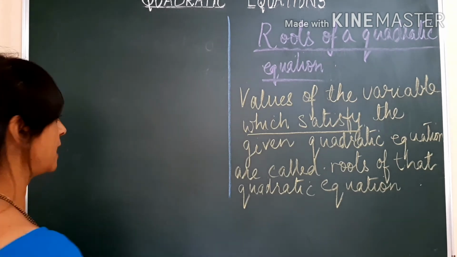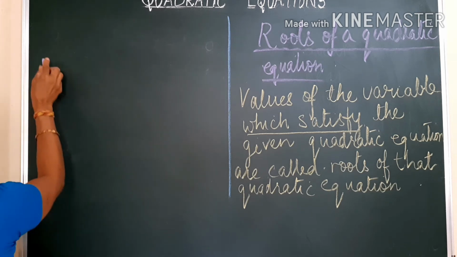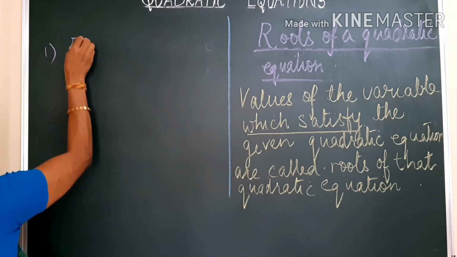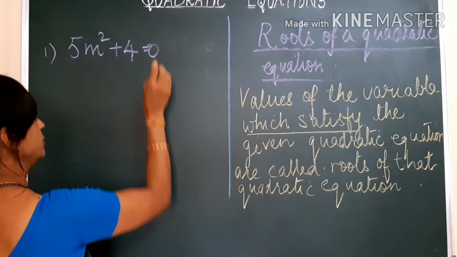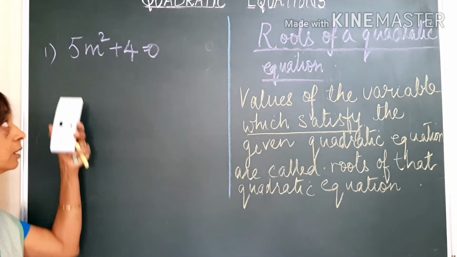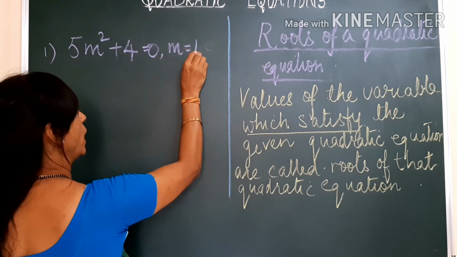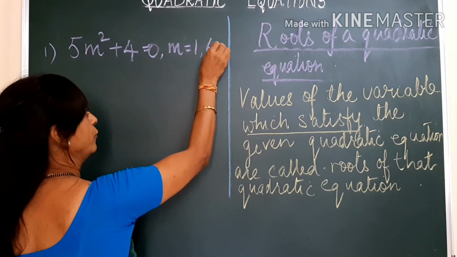Let me take an example. First one, let me take an equation 5m square plus 4 is equal to 0, where the value of the variable m over here is equal to 1, or you can say is equal to 4.